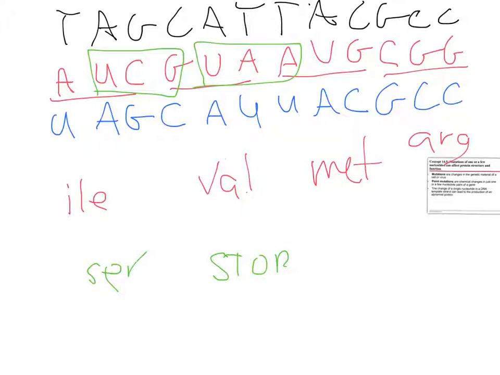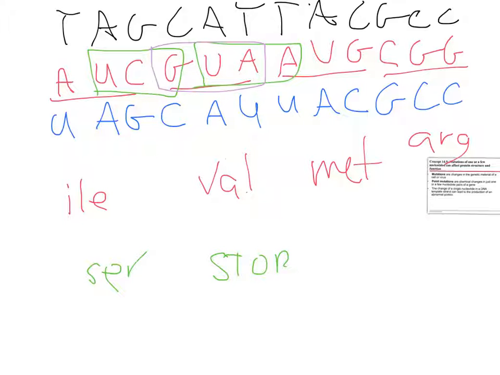Okay? So now when you shift it over, that causes a problem. What happens if we shift it over a little bit more? So instead of starting at the U, we're just going to skip 3. And we're going to start at GUA.